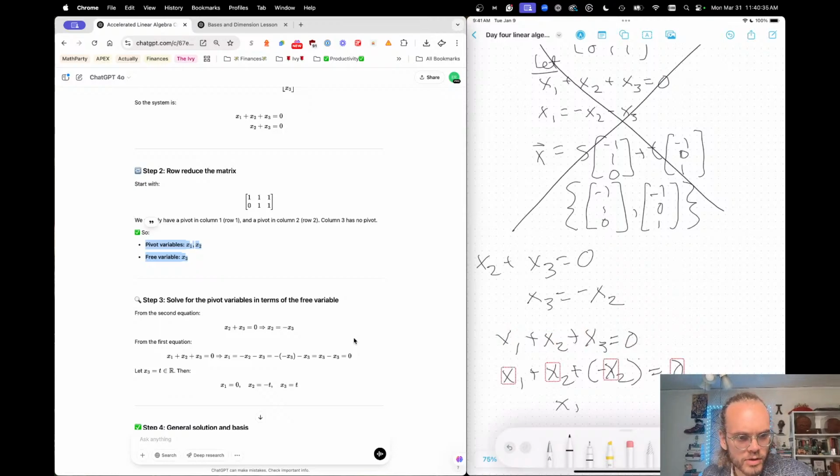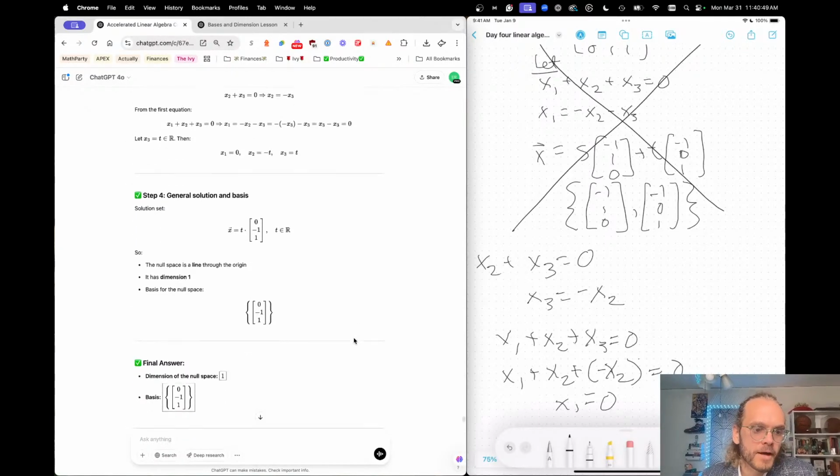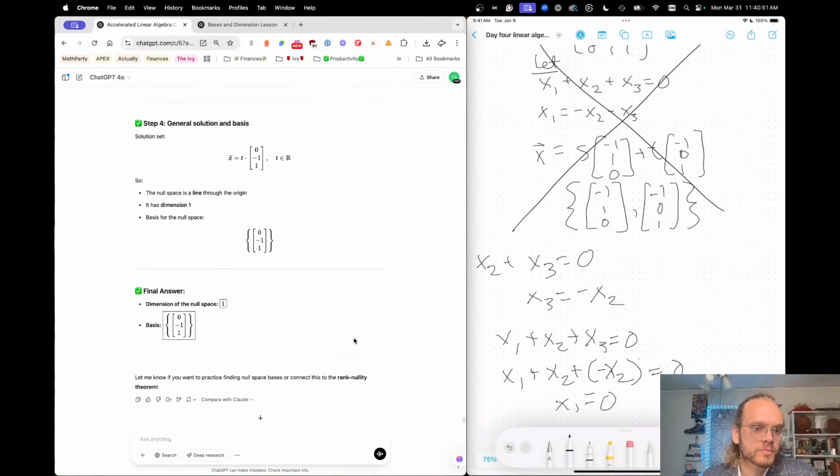So x sub 1 equals 0. x sub 2 equals negative t, and x sub 3 equals t. Yeah, that makes sense. Okay. And so the general solution looks like that. Got it. The null space is a line through the origin. It has dimension 1. So basis for the null space.